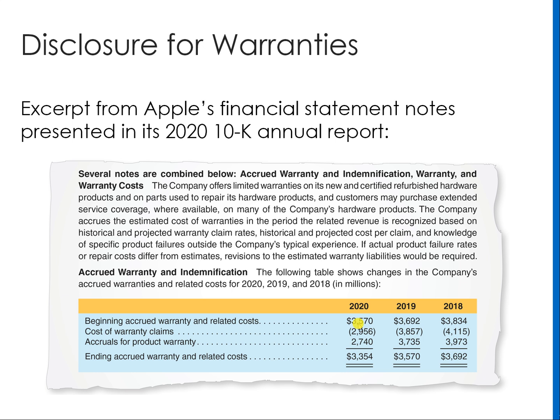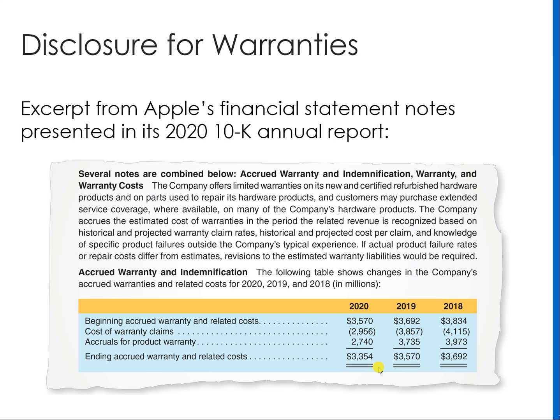Right, we're going to begin with some contingent liabilities. If we fix or repair customers' warranties, it's going to reduce the liability, and if we have new sales, it's going to increase warranties, so we're going to have ending warranty liabilities. Okay, these refer to the factual warranties.